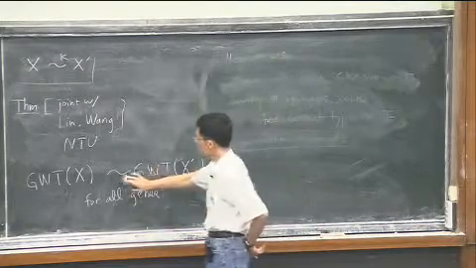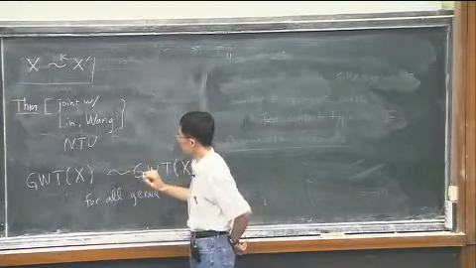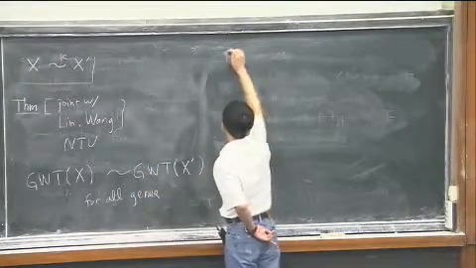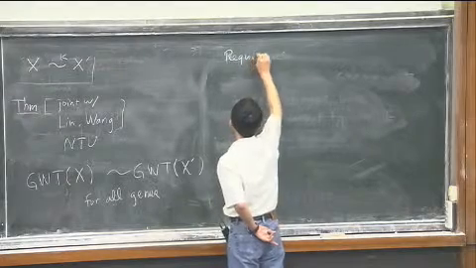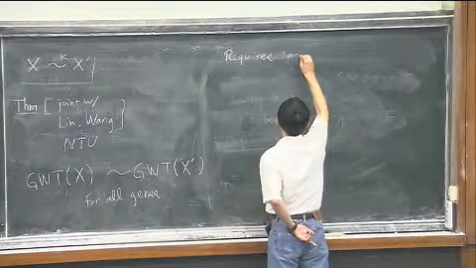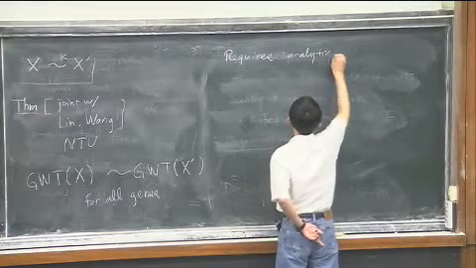But why do I put this weaker line instead of an equal sign? Because this actually requires what is called analytic continuation.